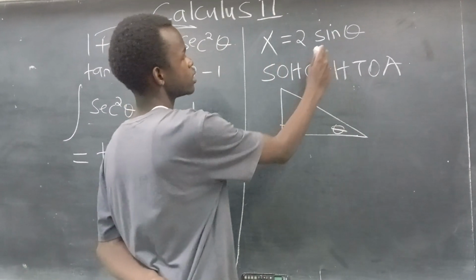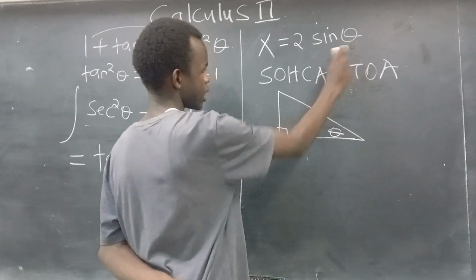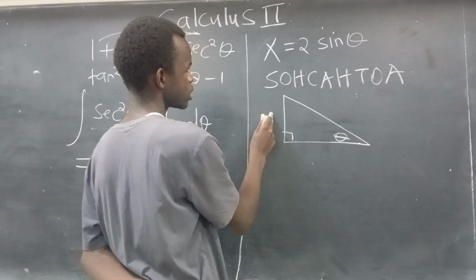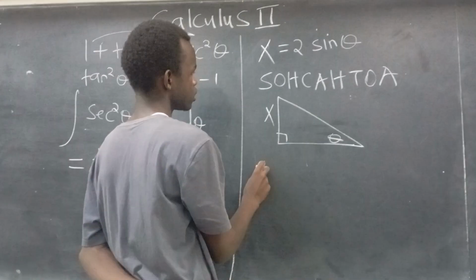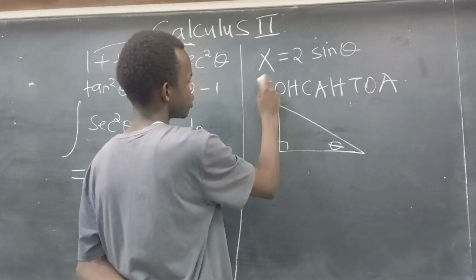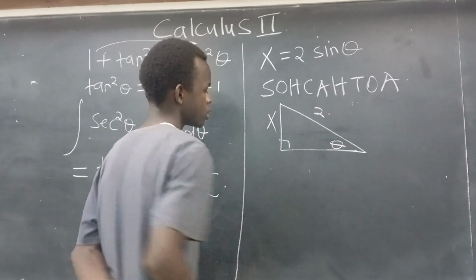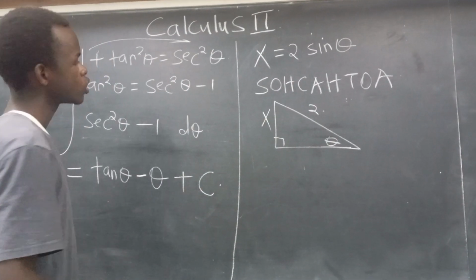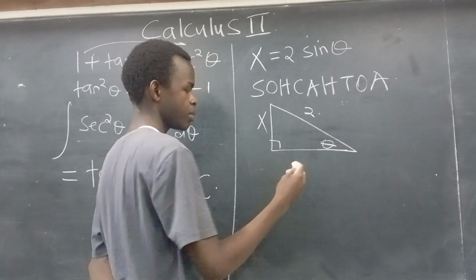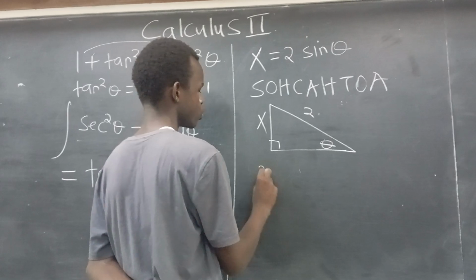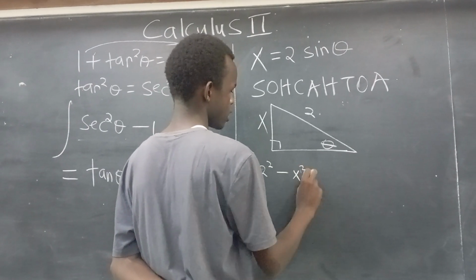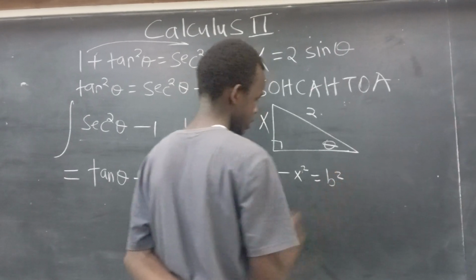So from here, I'll say my sine theta is opposite over hypotenuse. What is my opposite from this triangle? The opposite is x, divided by my hypotenuse. So since x equals 2 sine theta, I'll get my hypotenuse as 2. So what will be my adjacent? Using the Pythagorean theorem, we say 2 squared minus x squared equals b squared, right?